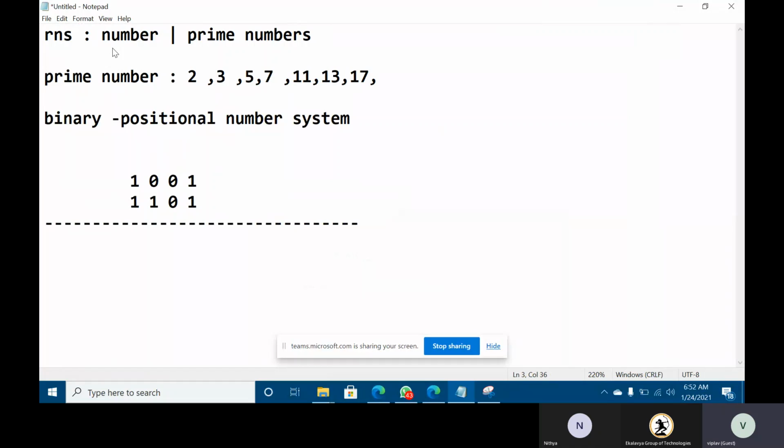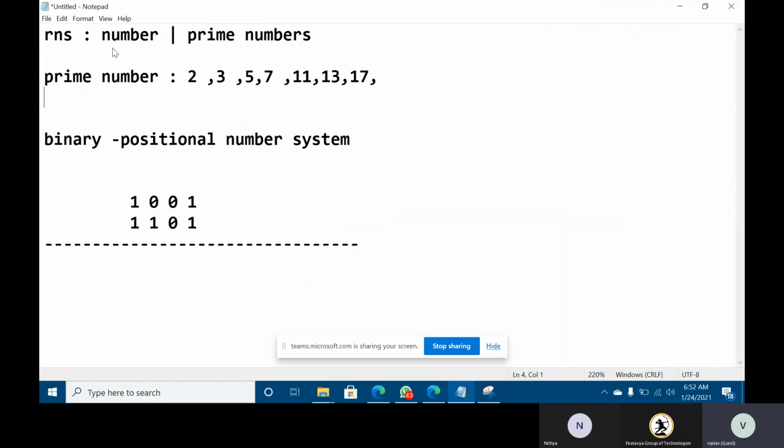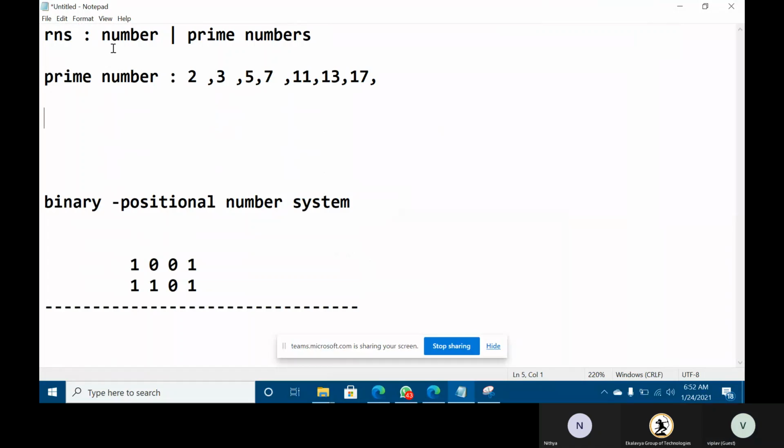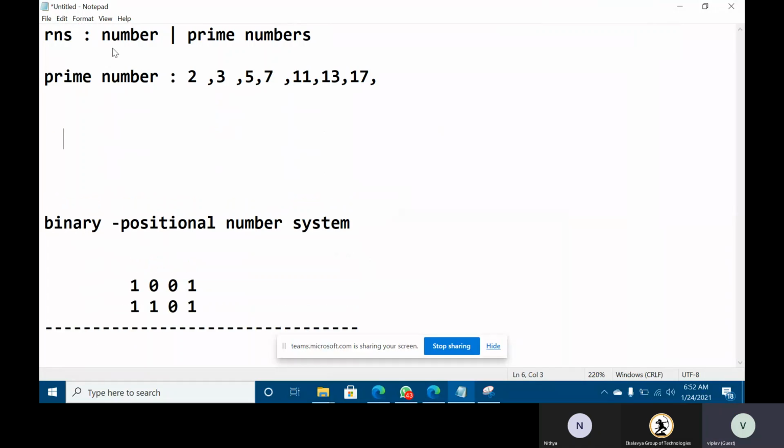So this is the thing we are going to do now. Suppose I take the prime numbers 2, 3, 5. This is called the moduli set. Suppose I am taking these three moduli, 2, 3, 5, and this is my moduli set.